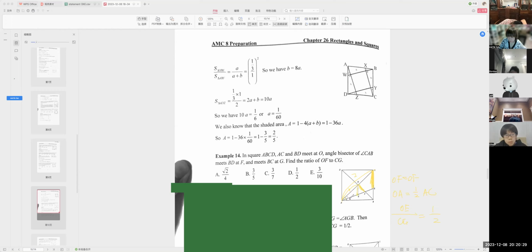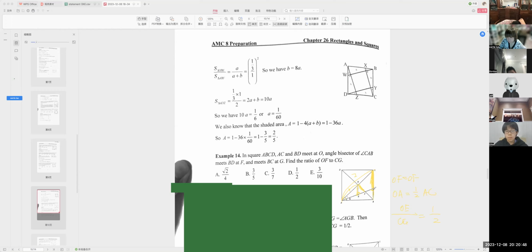So that means in this triangle OEG, this angle equals AGB. Why? Because these two lines are parallel to each other, right?